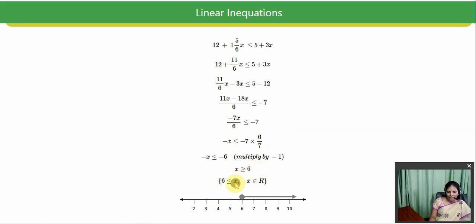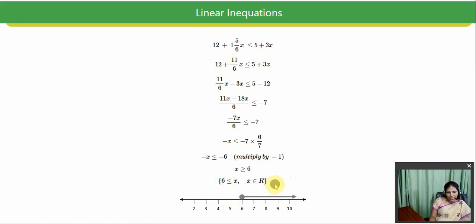And now you are representing that. You cannot represent this in the roster form. The reason behind that is it is real numbers. So you cannot represent the solutions in the roster form, right? 6 is less than or equal to x. So all the values which are greater than or equal to 6 will be the solution for this inequality.